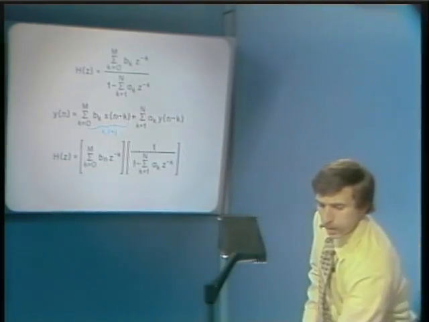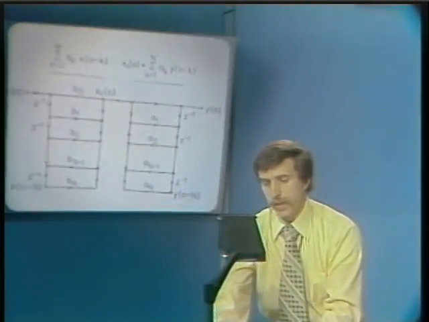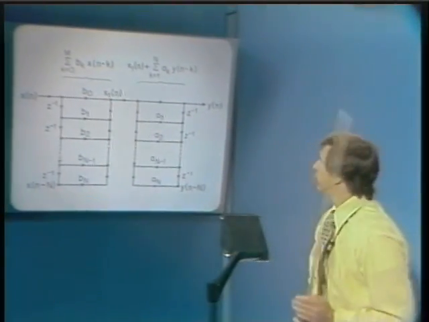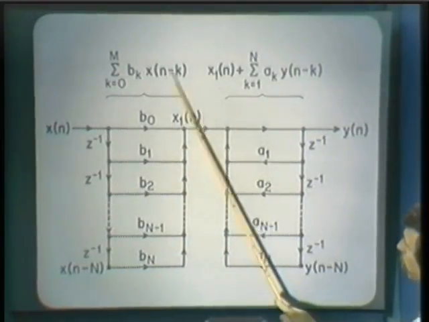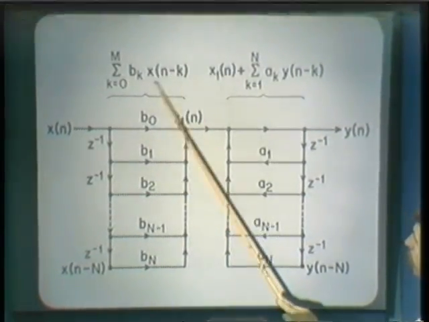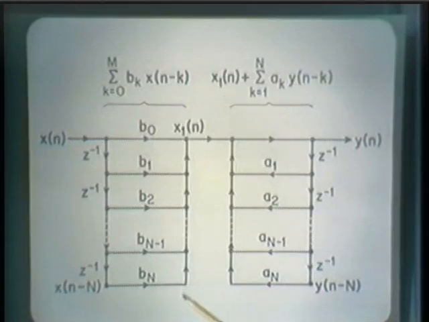Carrying that out, the digital network that results is, as I've indicated here, where we have, first of all, the linear combination of weighted delayed input values.